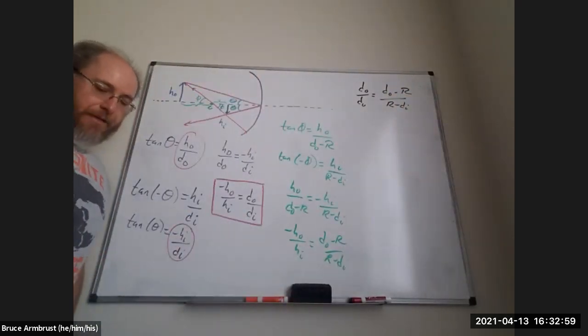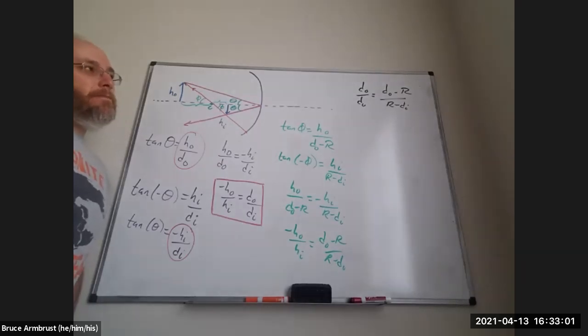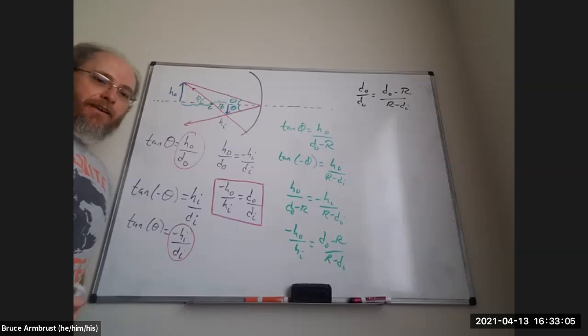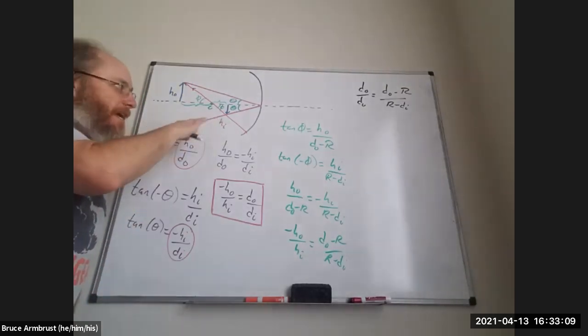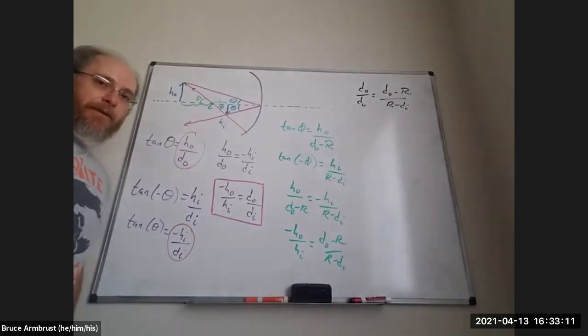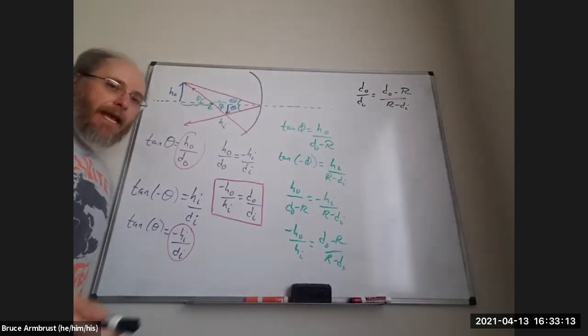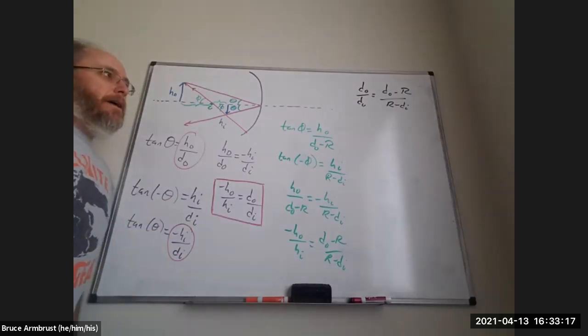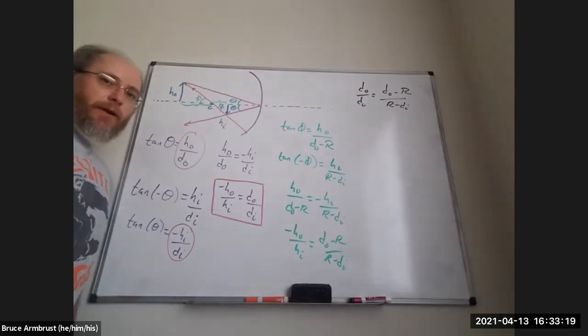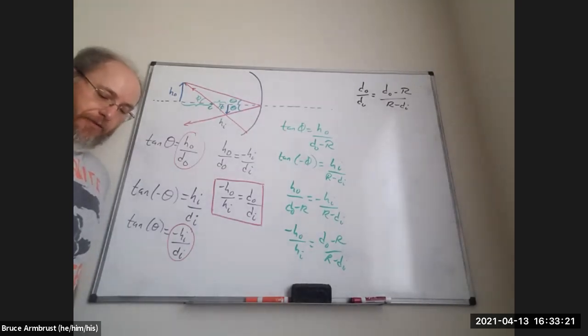And what's nice about this equation is that it's only in terms of the locations of the object and the image. I mean, yeah, it does have the radius, but it no longer involves the heights or anything. All we need to know are the distances.